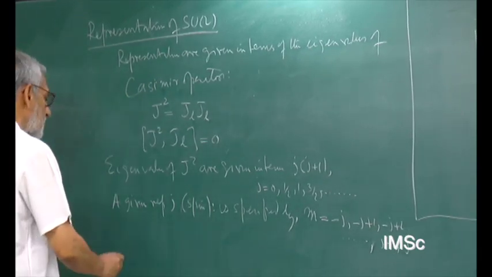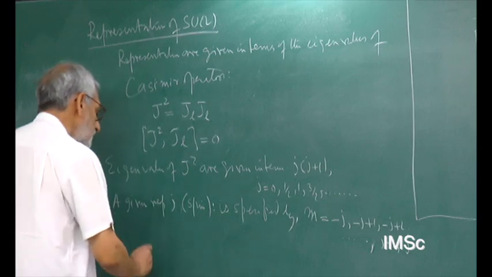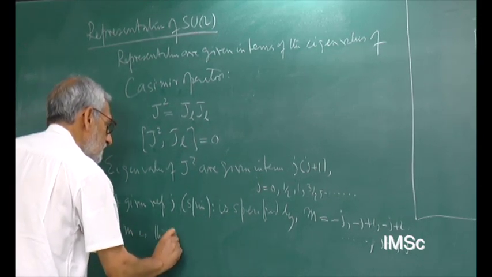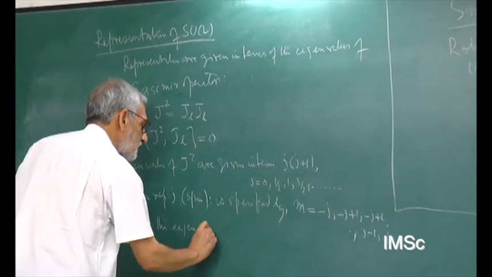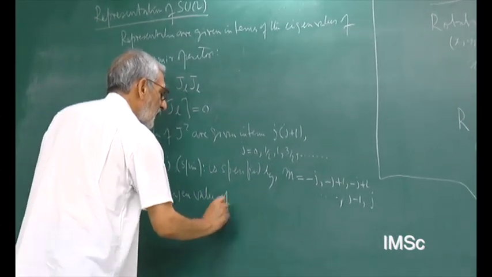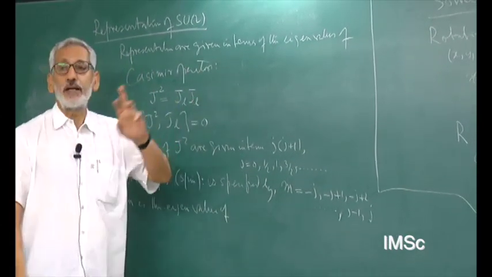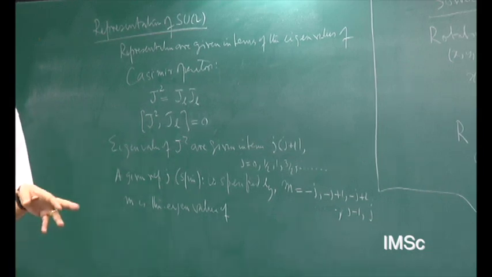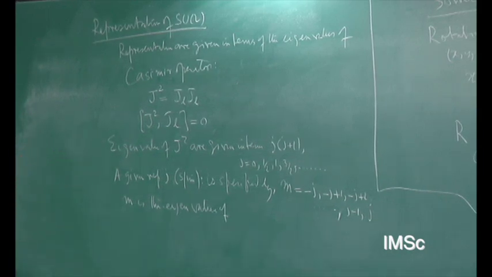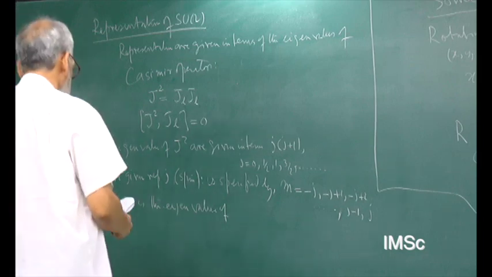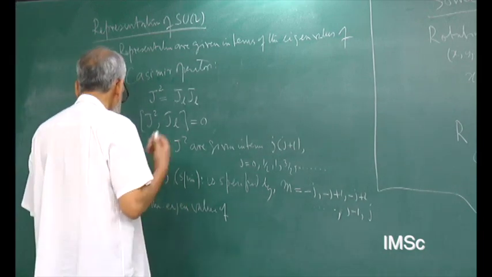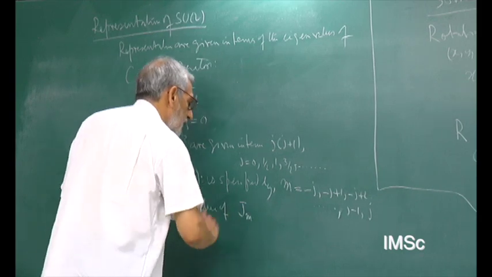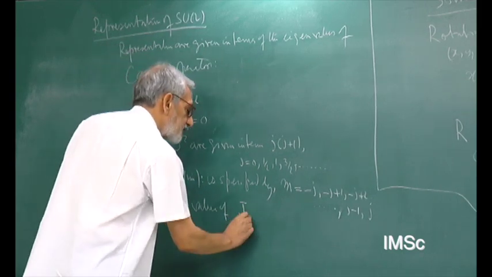And you could write where this m is the eigenvalue of any one of the three generators J1, J2, J3 on that state. Any one, and for some convenience or habit, we take it to be J3.